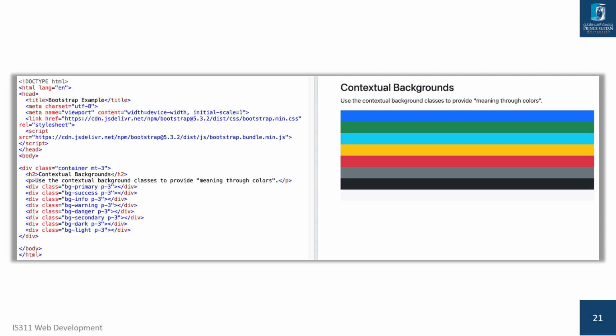You can always define your own colors as well, based on your requirement and how you want to style your page. But the good thing is, if you are mainly using the styles defined in Bootstrap, you don't need to worry about responsiveness when the screen size changes and so on. They will automatically work for you.